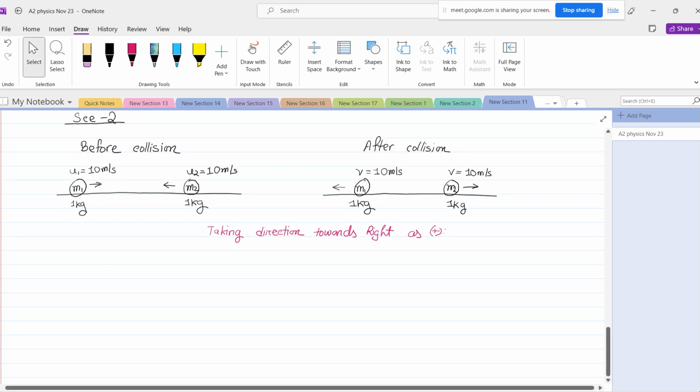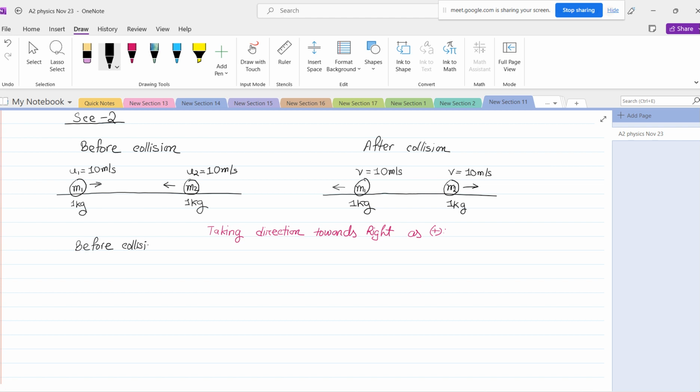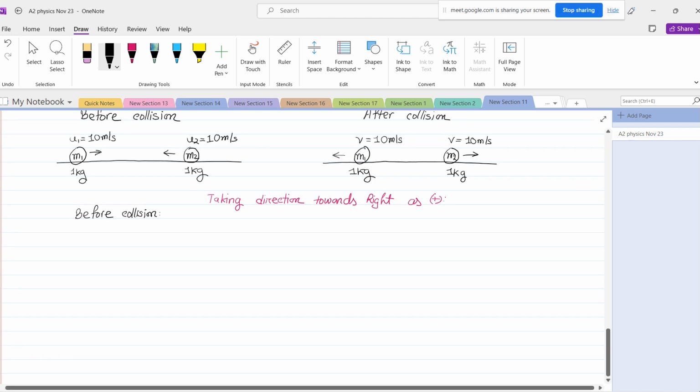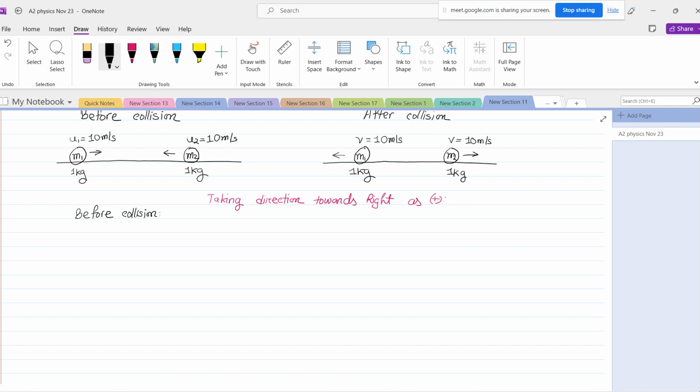So before collision, m1 will be positive, m2 will be negative because it was moving towards left.